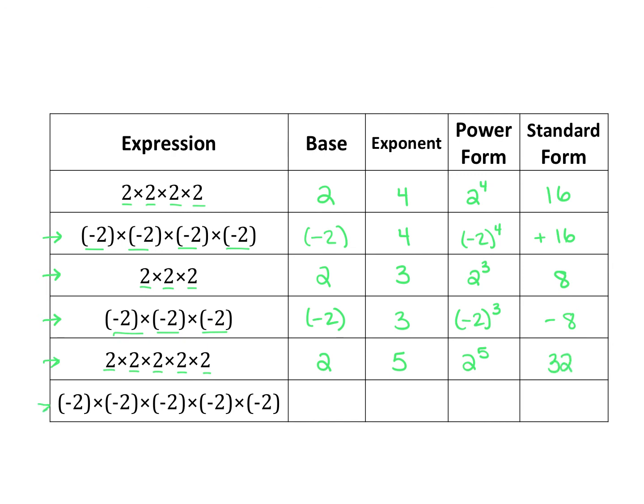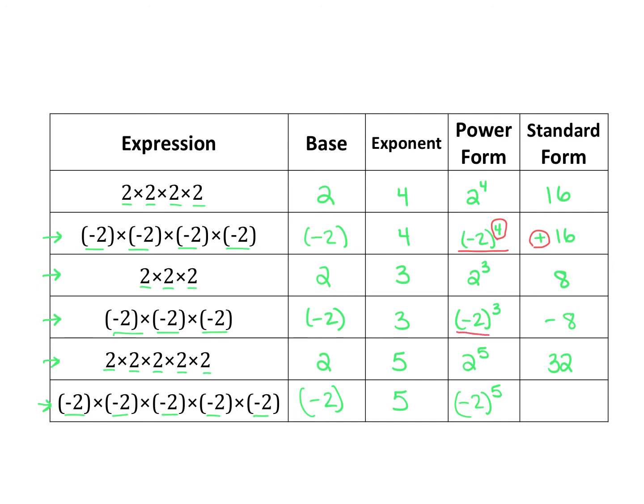And our last example: 1, 2, 3, 4, 5. So we know our base is -2 with an exponent of 5. If we have a look up here, when we had a negative base with an even exponent, our answer ended up being positive.